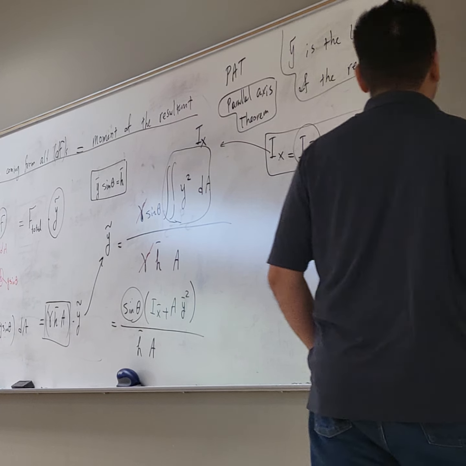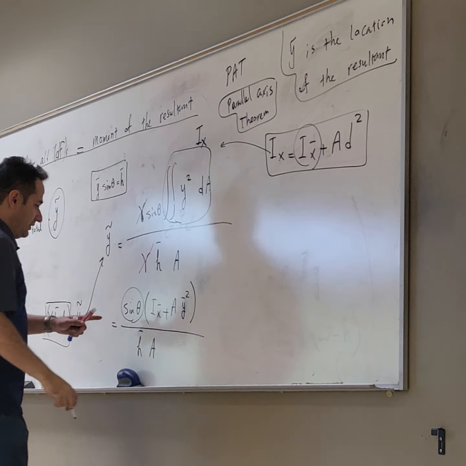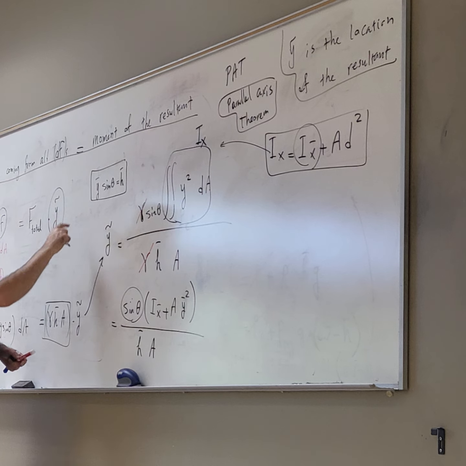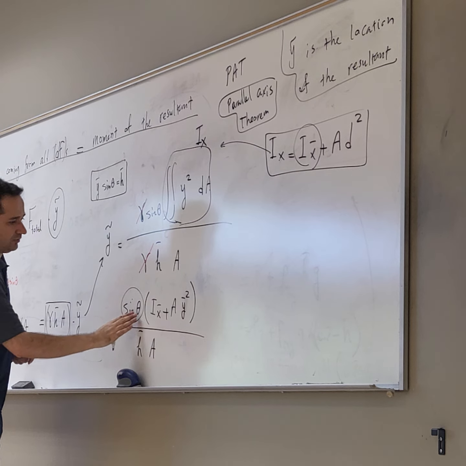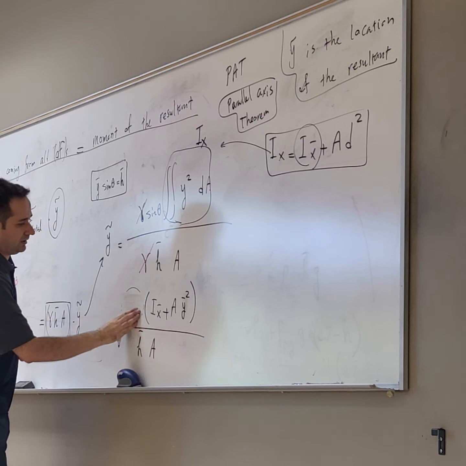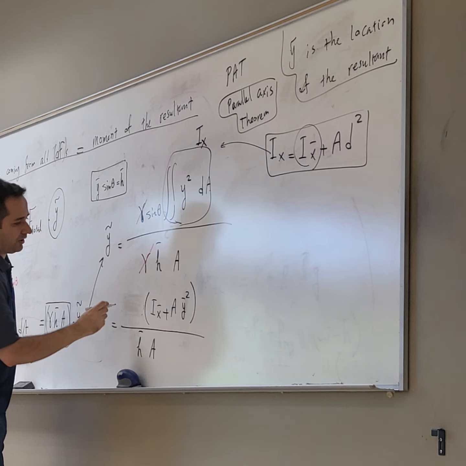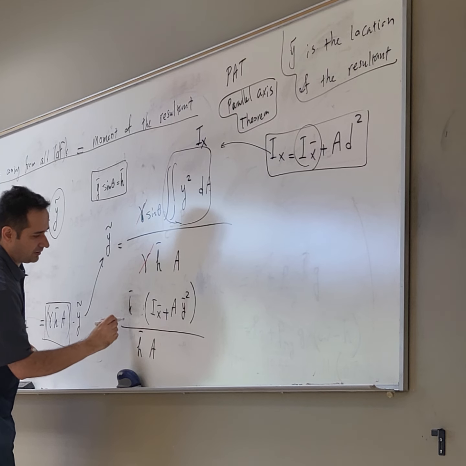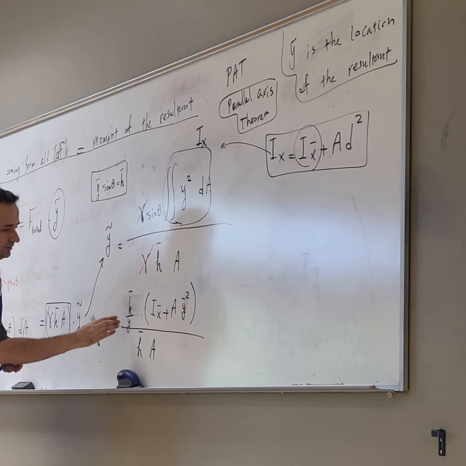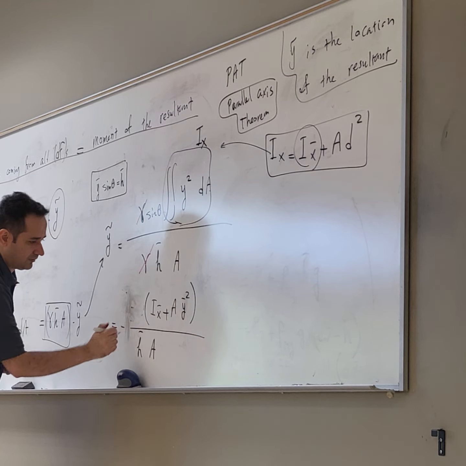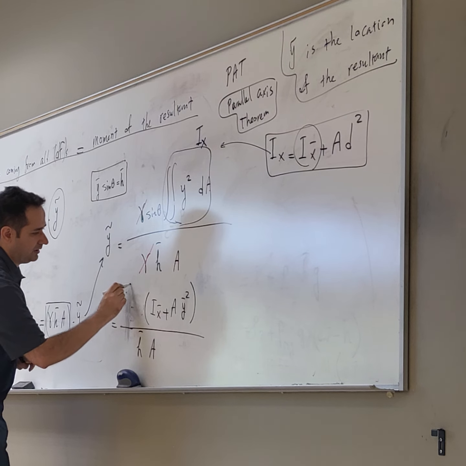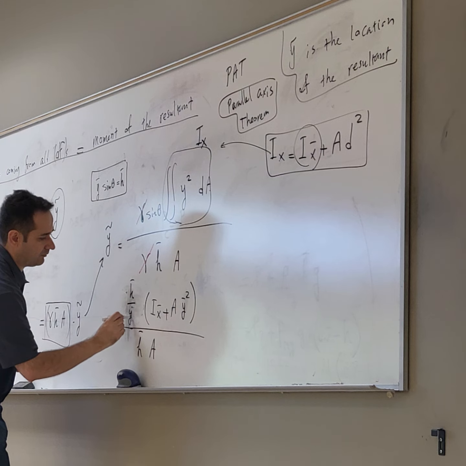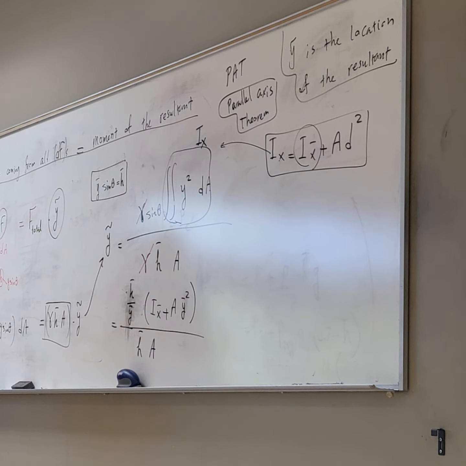So y bar sine theta is h bar. So instead of sine theta, I can write h bar over y bar. So sine theta times this integral divided by h bar times A.